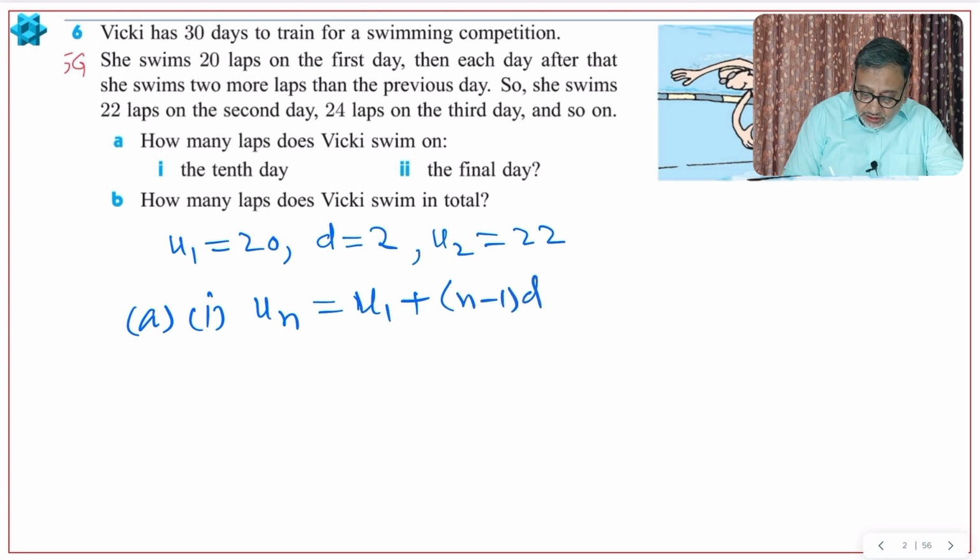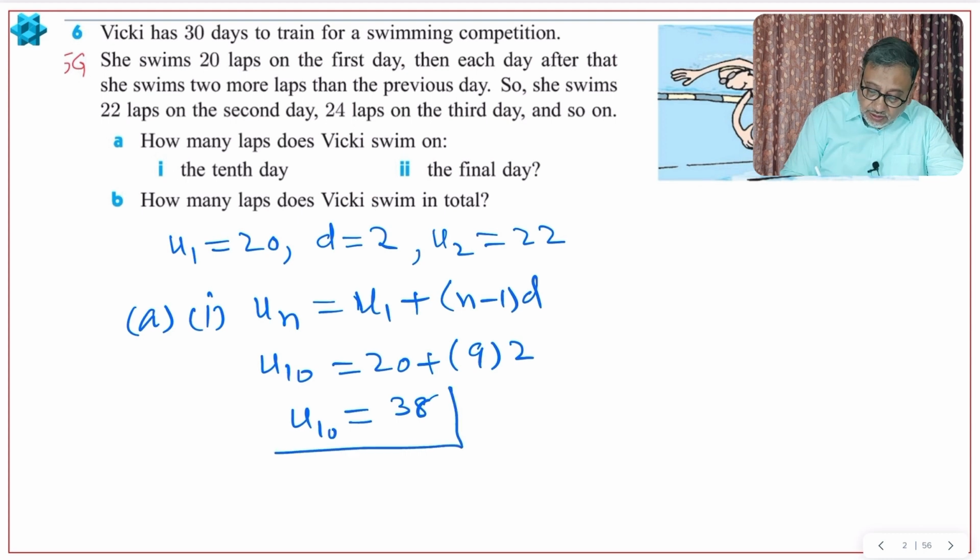So u10 will be u1, 20, plus 10 minus 1, 9, d is 2, 9 times 2 is 18, 18 and 20 is 38. So u10 is 38. I will highlight it. This was the first part.